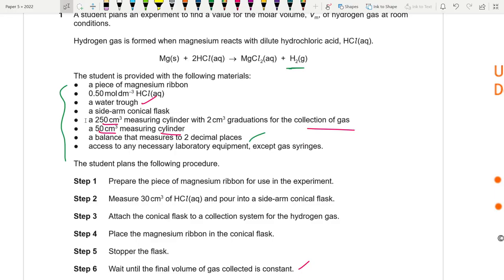Okay, so we can't measure the volume of gas with the gas syringe. So we need to collect the gas in another way, mainly using this measuring cylinder over here. They've mentioned this over here, right?